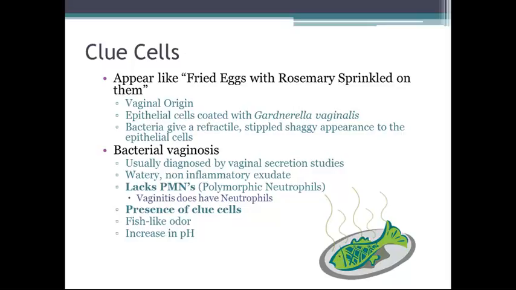These cells lack polymorphonuclear neutrophils, and vaginitis does not typically have neutrophils present. It will have the presence of clue cells, so squamous epithelial cells with Gardnerella sprinkled on them. Oftentimes bacterial vaginosis will have a fish-like odor and an increase in pH, so a more alkaline pH.